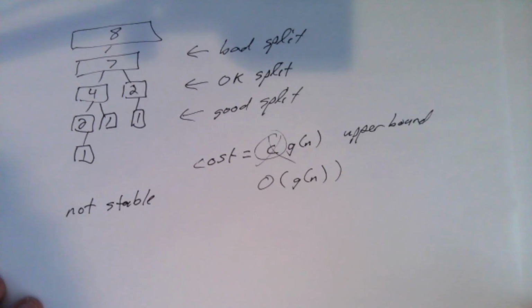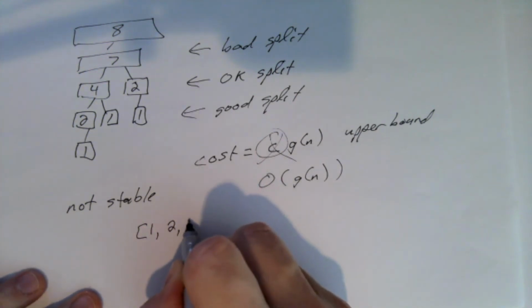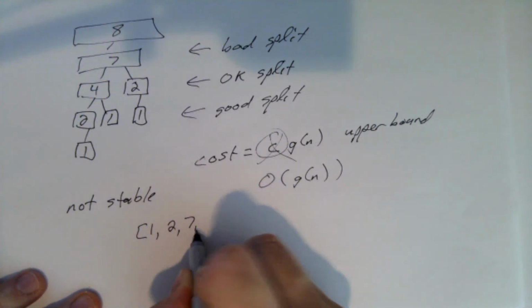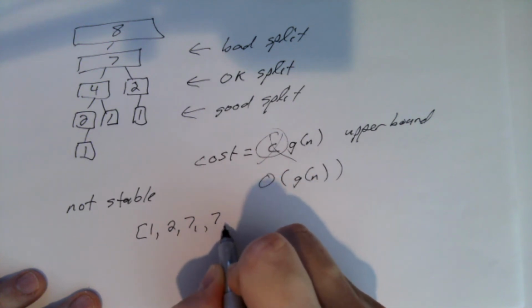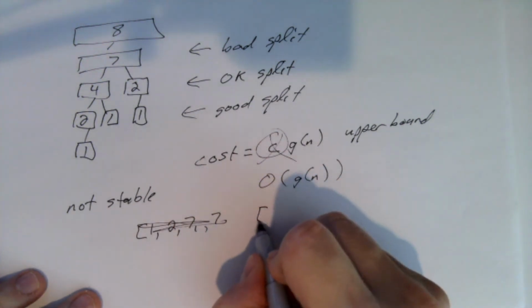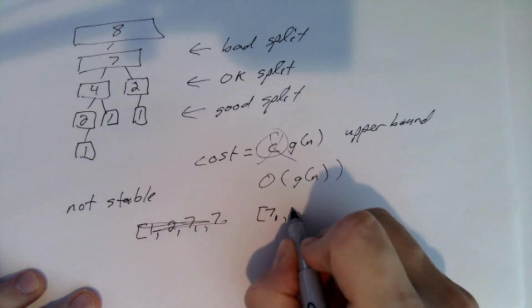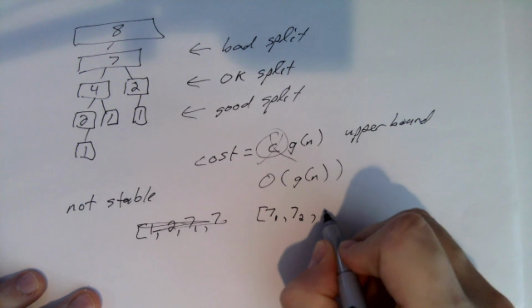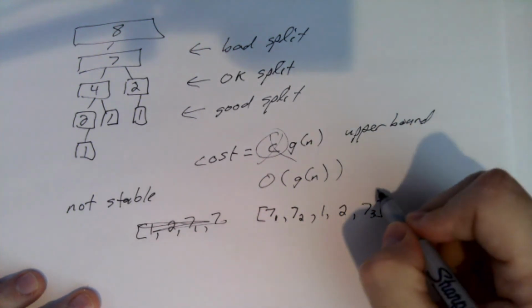So because we're moving things around, imagine we had this, 1, 2, I'm going to call it 7 sub 1. Let's write it this way. Let's say we have 7 sub 1, that's a 1, 7 sub 2, and 1 and 2, and we have another 7, we'll call 7 sub 3, which is our pivot.